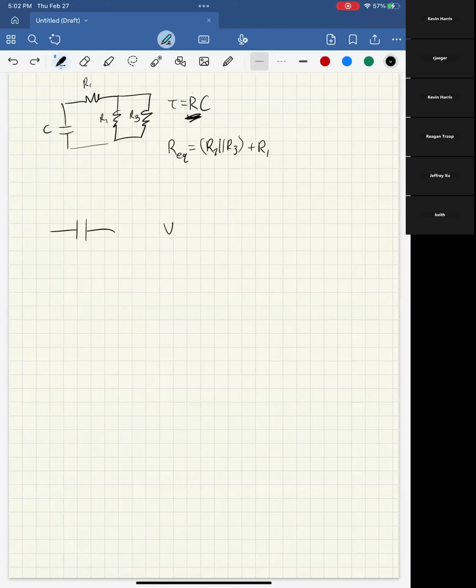Yeah. So the current through a capacitor is equal to the capacitance times dV/dt. And what this tells you is that the voltage through a capacitor is differentiable, and that means that the voltage through a capacitor cannot change instantly.